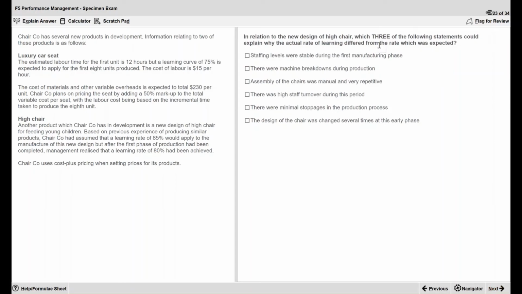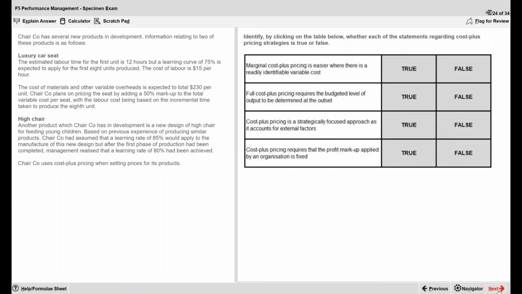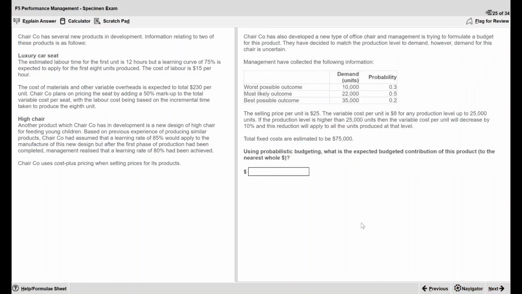In relation to the new design of high chair, which 3 of the following statements could explain why the actual rate of learning differed from the rate which was expected? Identify by clicking on the table below whether each of the statements regarding cost plus pricing is true or false. Using probabilistic budgeting, what is the expected budgeted contribution of this product to the nearest whole dollar?